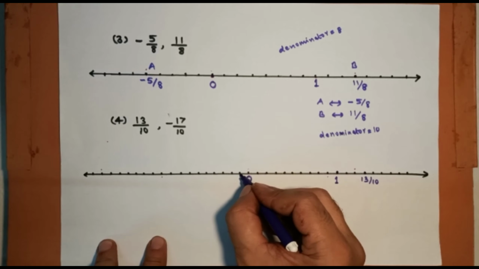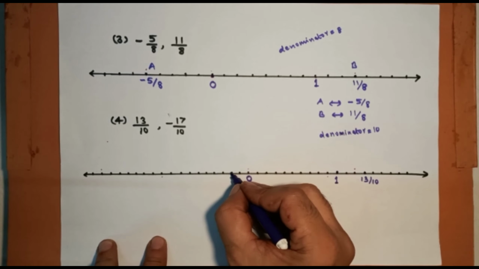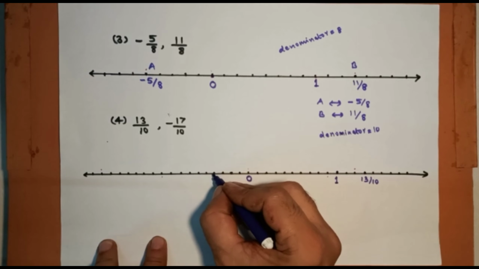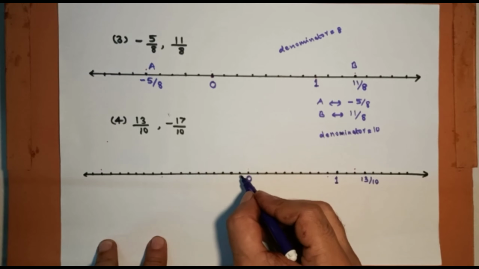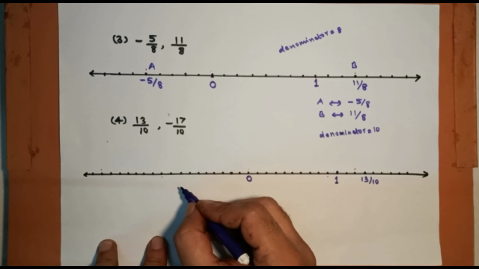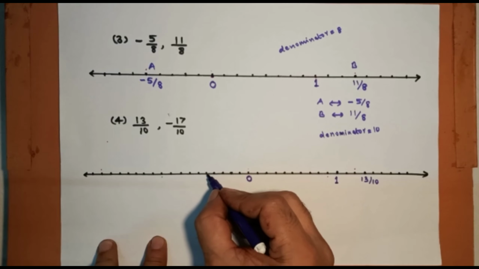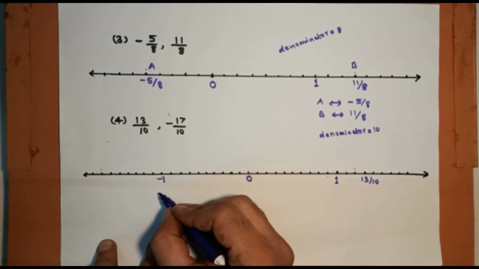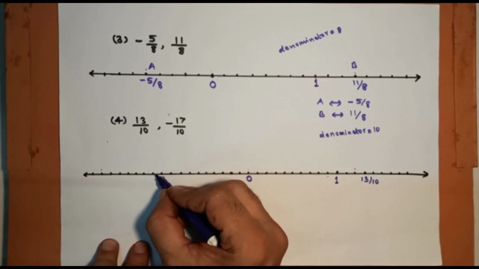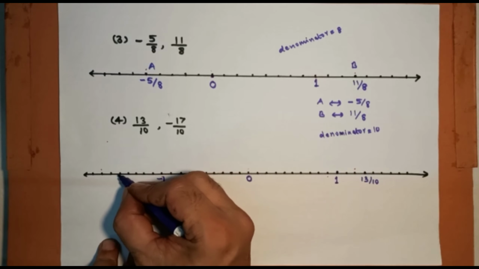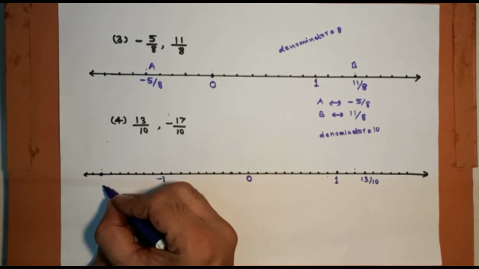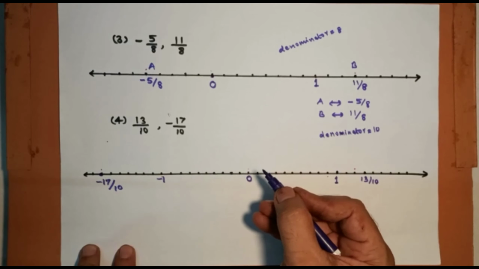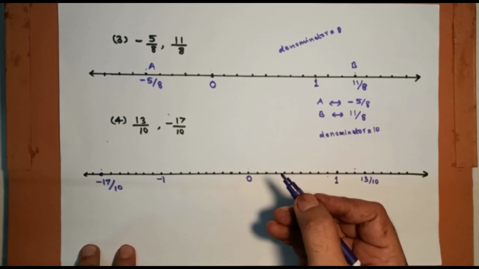Let's count once again. So 1 upon 10, 2 upon 10, but minus. So minus 1 upon 10, minus 2 upon 10, minus 3 upon 10, minus 4 upon 10, likewise, and the 10th point will be minus 1. This will be minus 1, which is to the left side, and then after that 11th, 12th, 13th, 14th, 15th, 16th, and this 17th point to the left of point 0 will be minus 17 upon 10.